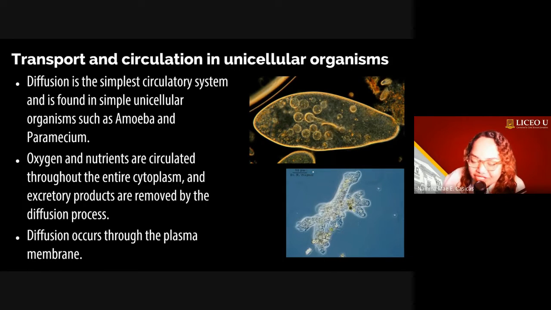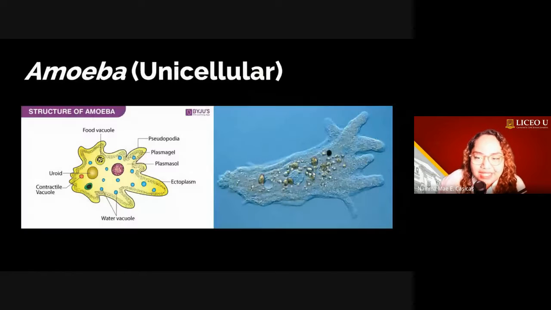So oxygen and nutrients are circulated throughout the entire cytoplasm, so that is by diffusion, and excretory products are removed by, again, diffusion. So that is the only thing that makes your unicellular organism survive. It is through diffusion.